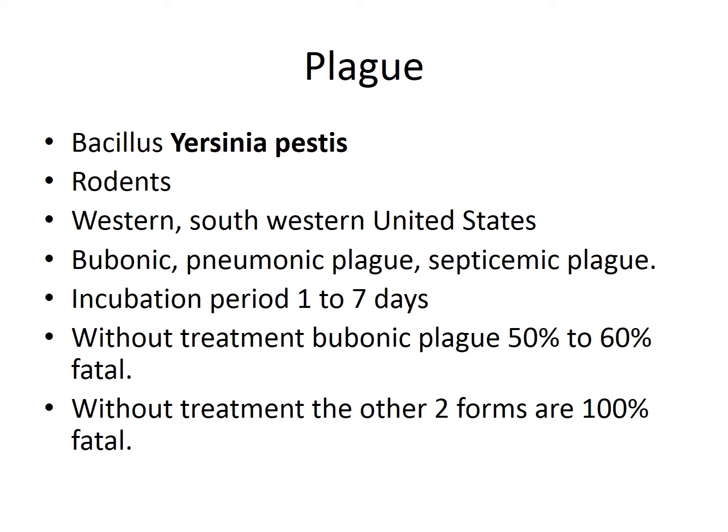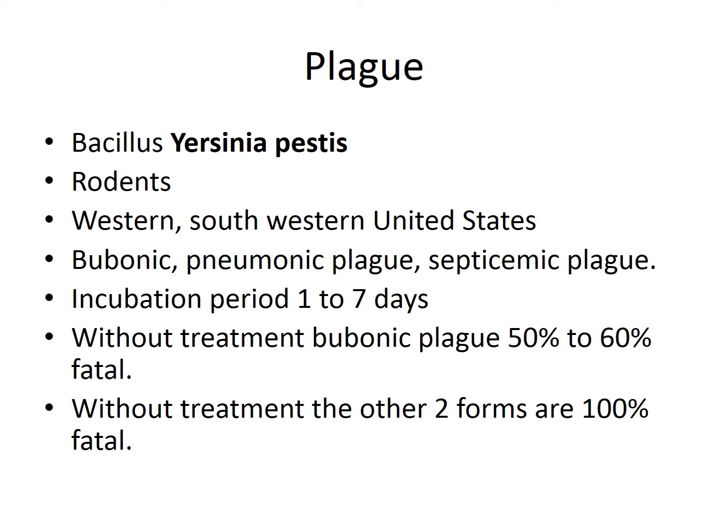So next we'll talk about the plague, and I'm sure everyone has read about the plague or heard about the bubonic plague that has been very close to wiping out complete cities and towns and countries actually in the past.